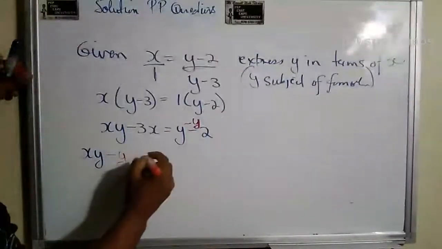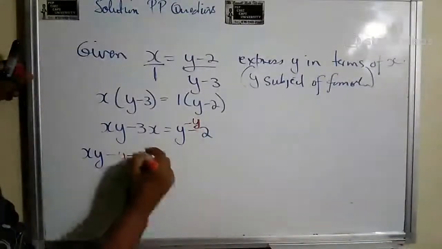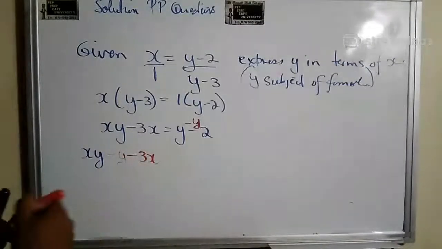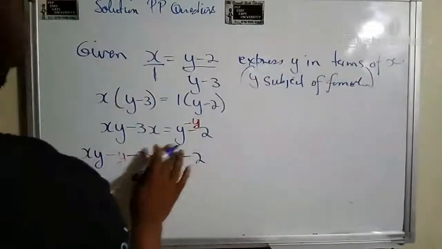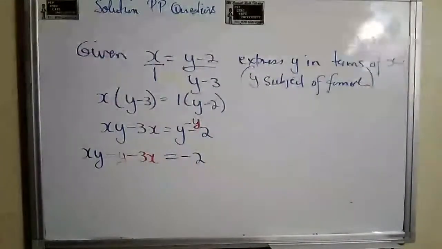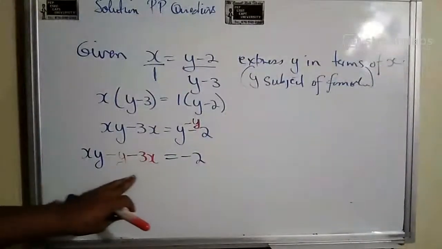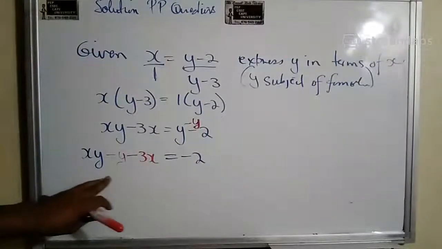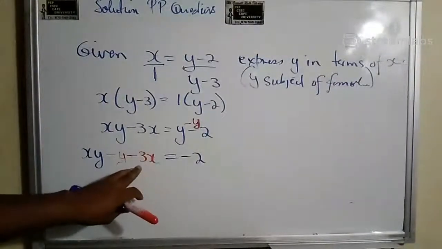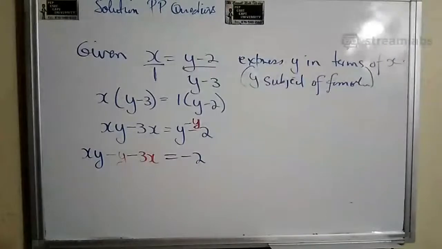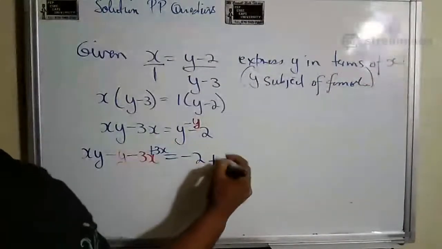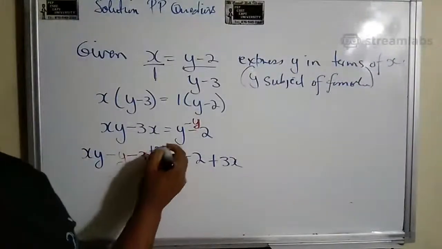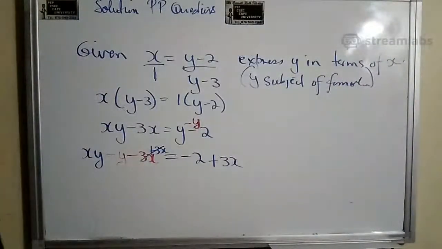So minus y, and we still have the minus 3x, and over here it's going to equal minus 2. Alright. So now we can get rid of this negative 3x by adding 3x, which is the opposite, right? What we do to one side, we do to both sides. So this is gone.